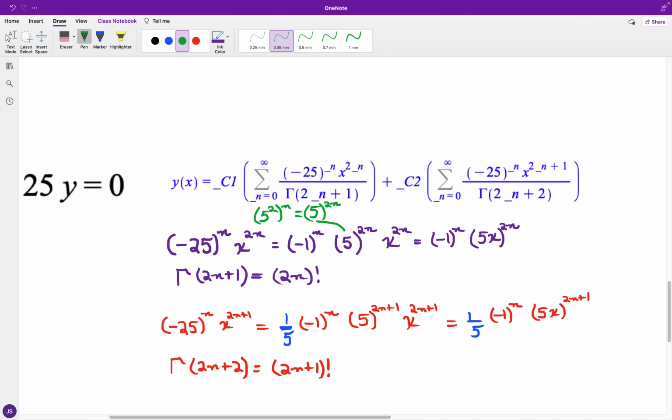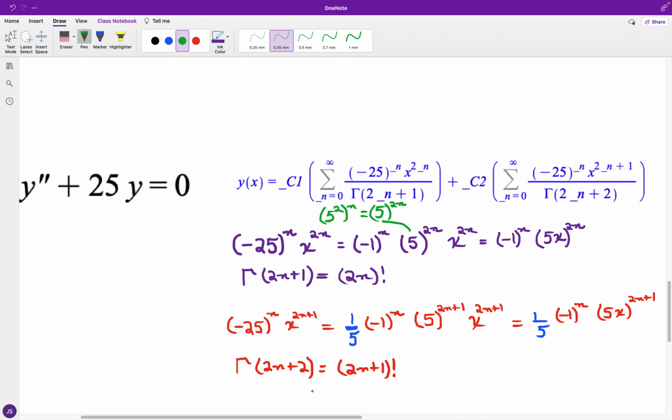But if I write 5 to the 2n in terms of 5 to the 2n plus 1, I'm going to be sacrificing a 5 just to keep things in balance, and we have multiplying x to the 2n plus 1. So we have 1/5 of negative 1 to the n times the quantity of 5 times x raised to the 2n plus 1 power. And for the gamma function, we have gamma of 2n plus 2, and that is equal to the factorial of the quantity of 2n plus 1.